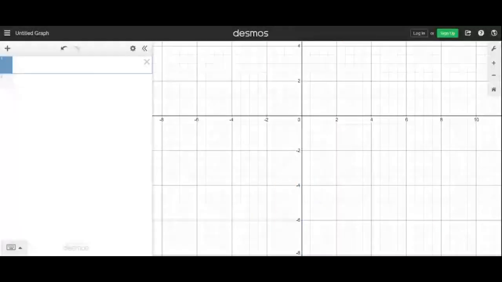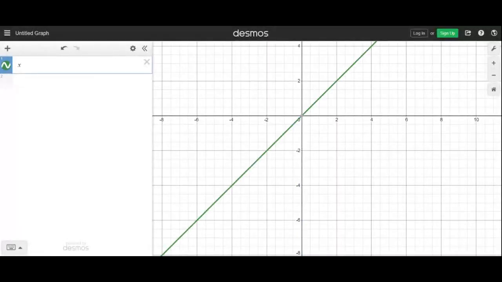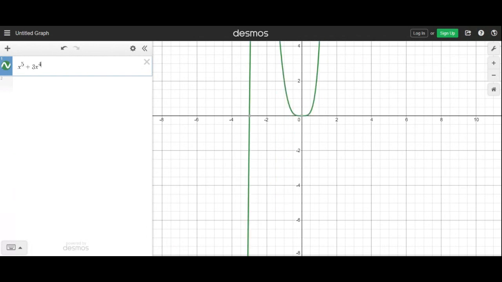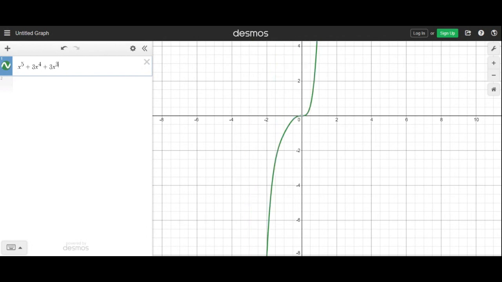All right, now I'm going to go to my graph just so we can see which ones might actually work, which ones we want to test. All right, so we've got x to the 5th plus 3x to the 4th plus 3x cubed minus x squared minus 4x minus 2.